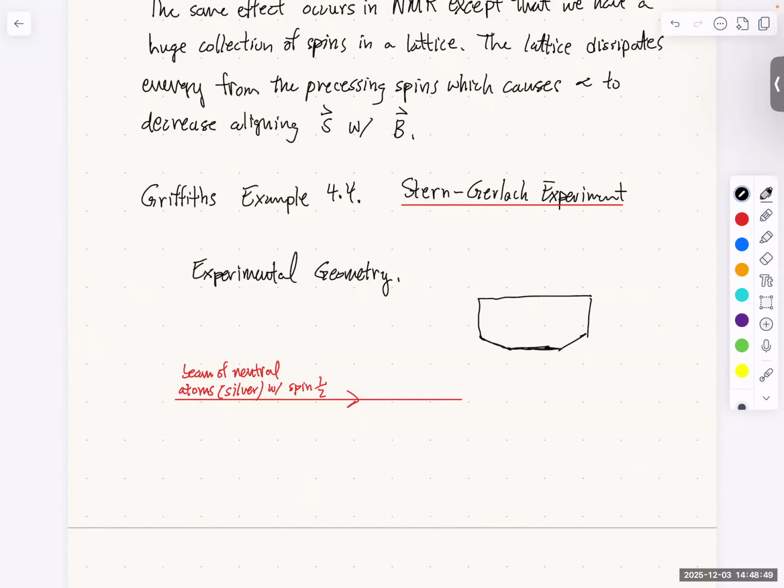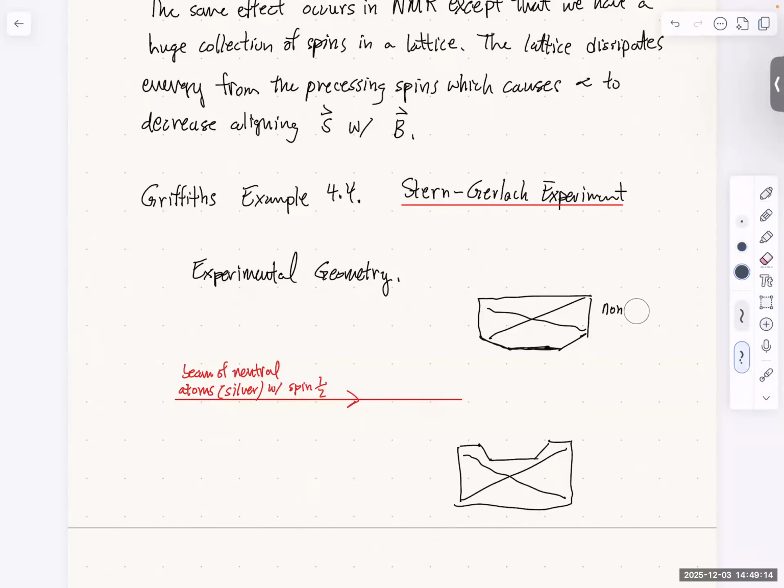There has to be some non-uniformity to the field. And so we'll have a bottom pole of our magnet, something like this. Okay, and so these are our electromagnets maybe. So this is a non-uniform electromagnet.